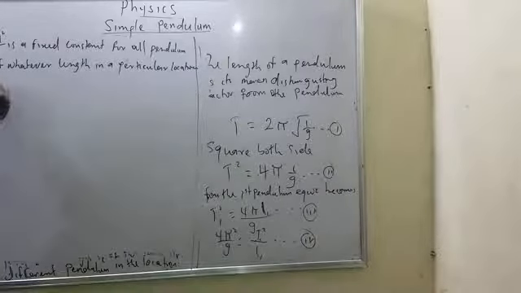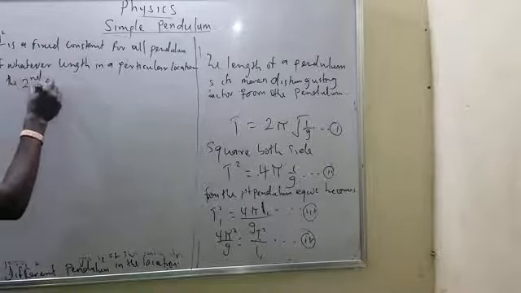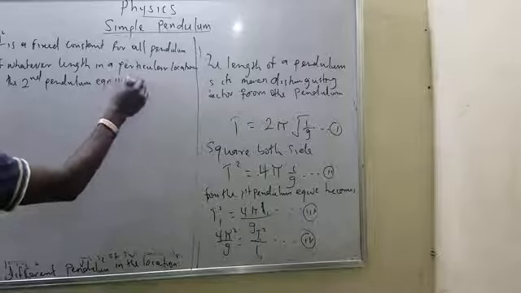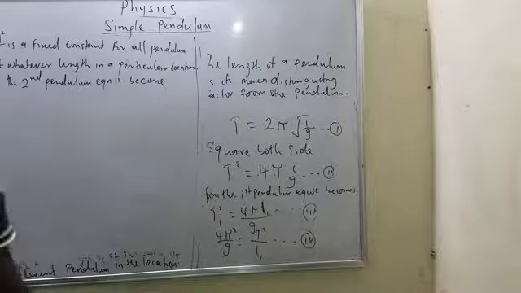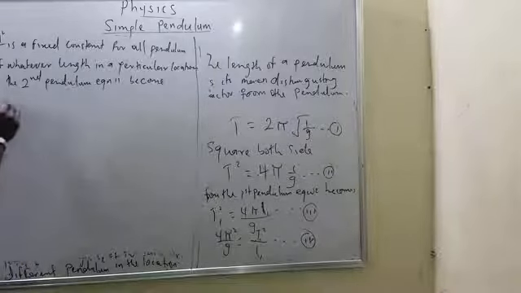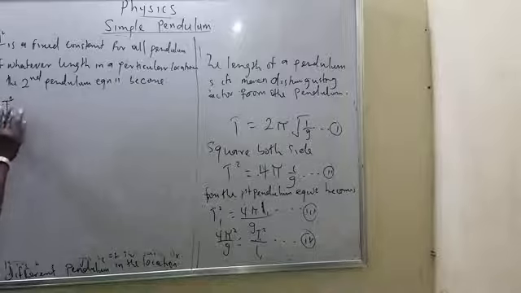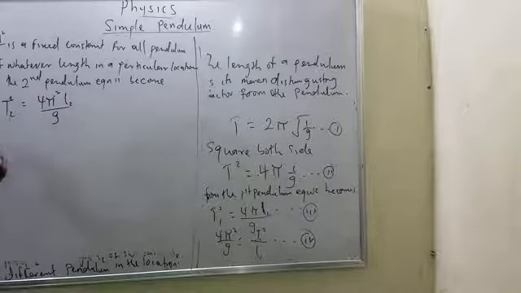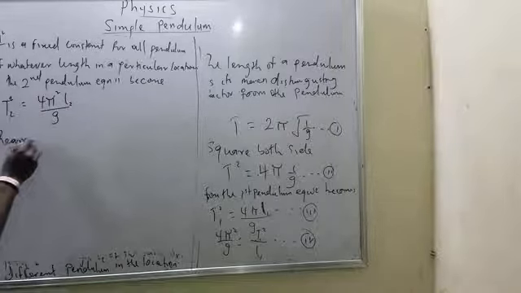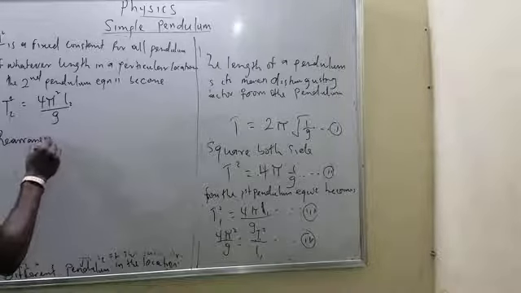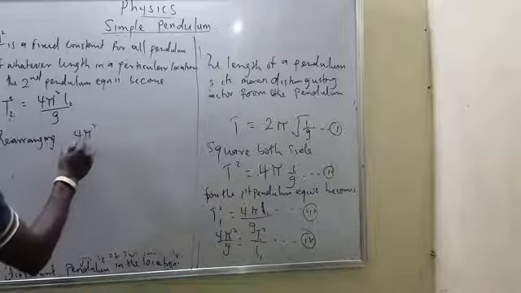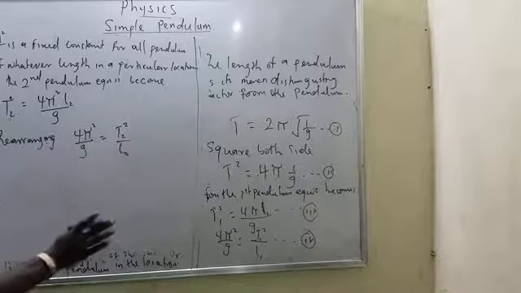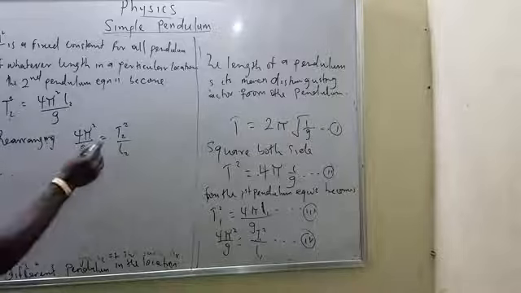Now, for the second pendulum, equation 2 becomes T2 squared equals 4 pi squared L2 divided by g, which I can also rearrange, having 4 pi squared divided by g equals T2 squared divided by L2.